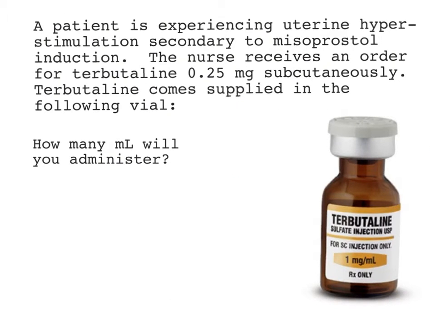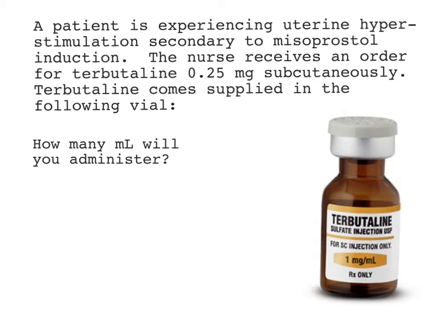Okay, so now we have another medication. This is much simpler than the PIT math and the MAG math even. We have somebody who's getting Terbutaline. The patient is experiencing uterine hyperstimulation secondary to misoprostol induction. That hyperstimulation could look like tachysystole, which could look like more than 5 contractions in a 10-minute period.